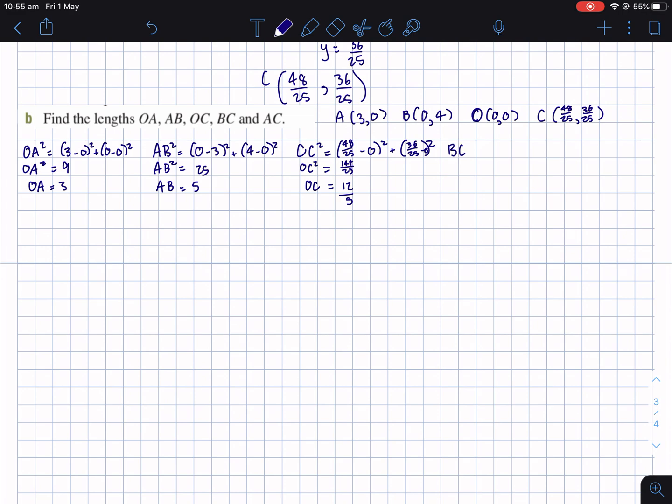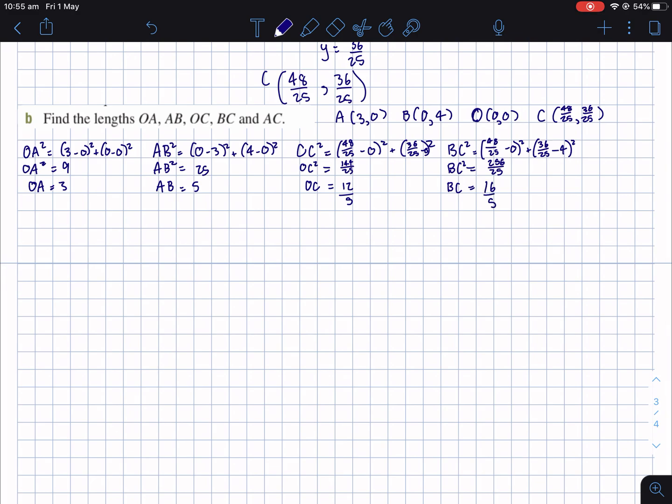BC, this time it's 48 on 25 minus 0 squared plus 36 on 25 minus 4 squared, so BC squared is 256 on 25, so BC equals 16 over 5.